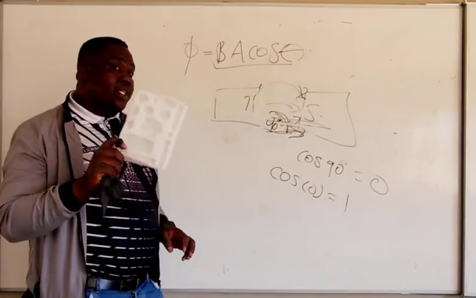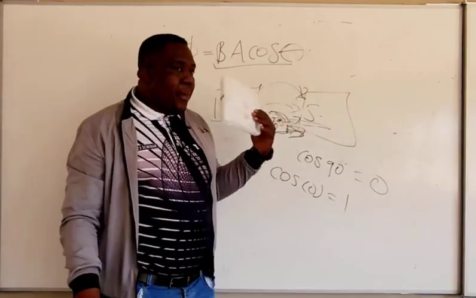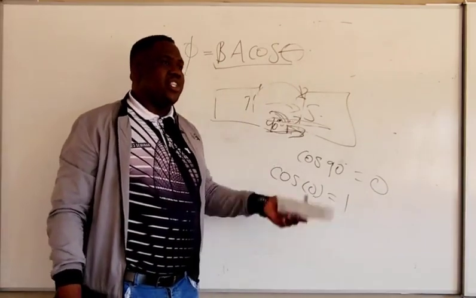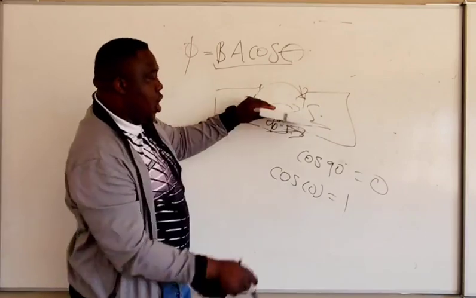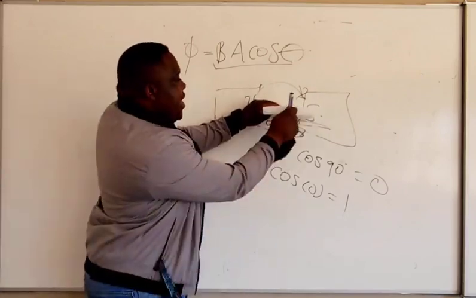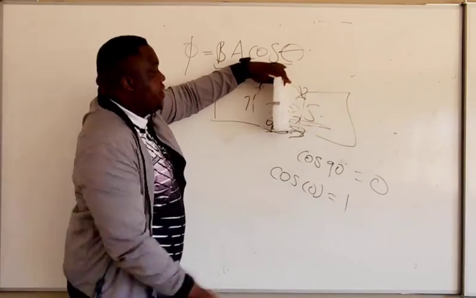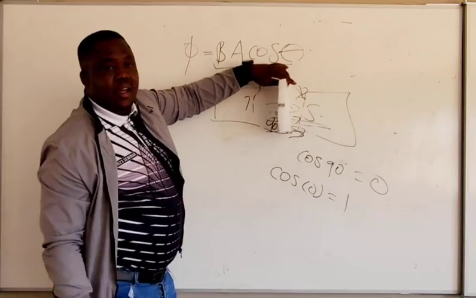But what you need to be conscious about is that the normal line in the coil is positioned in such a manner that when the coil is parallel to the magnetic field, the normal line is perpendicular. When the coil becomes perpendicular to the magnetic field, the normal line is parallel.